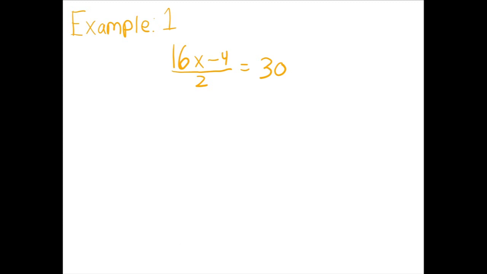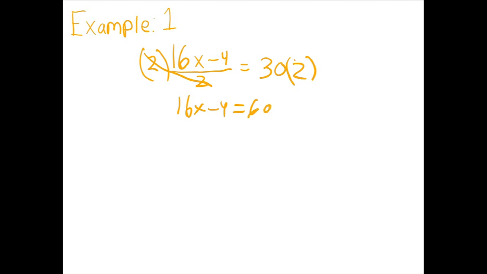The reciprocal of 1/2 is 2. So we're going to multiply everything by 2, and that is going to get rid of that 2 over here, and that's going to leave us with 16x minus 4 equals 60. So this is much nicer to work with.